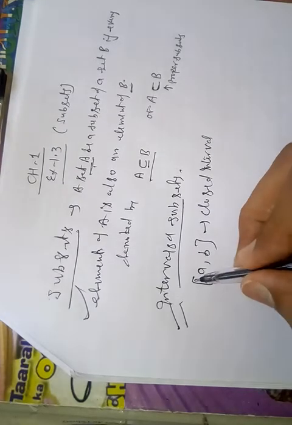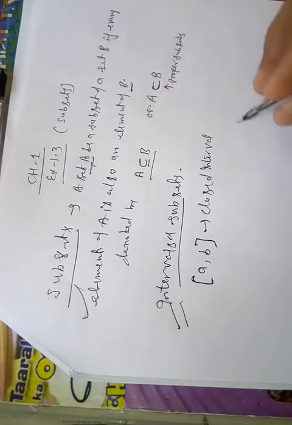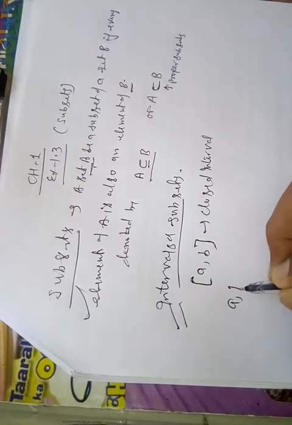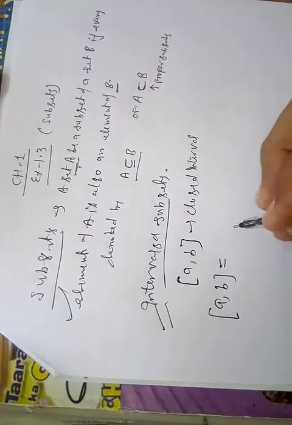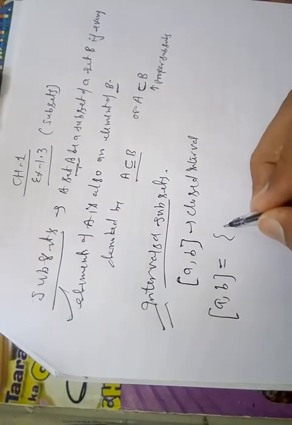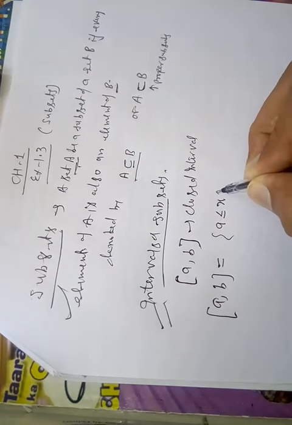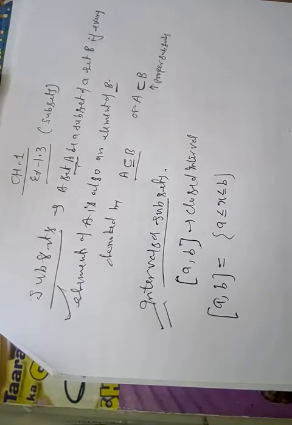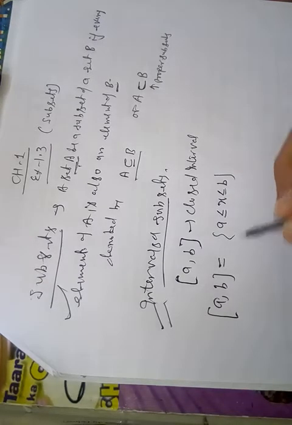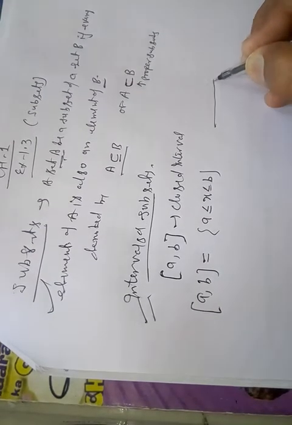Closed interval means both sides have square brackets. In set builder form, this is a is less than or equal to x is less than or equal to b. Okay, this form.